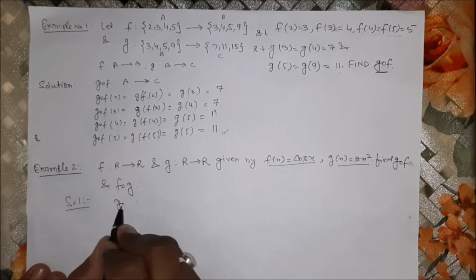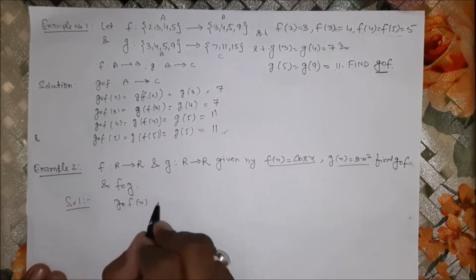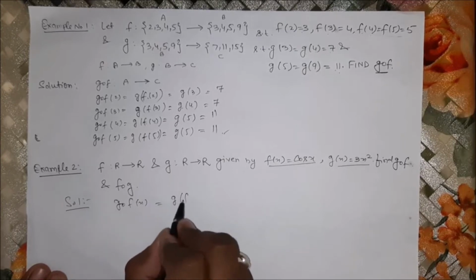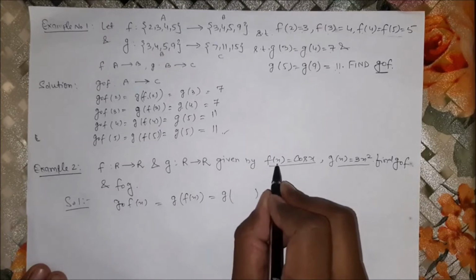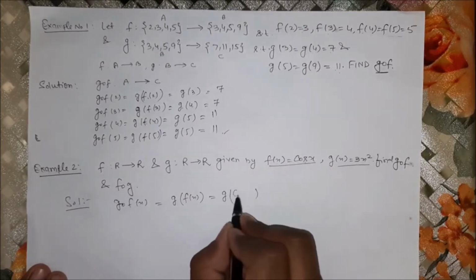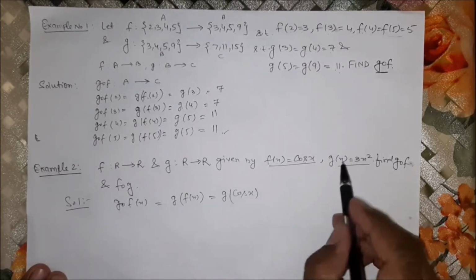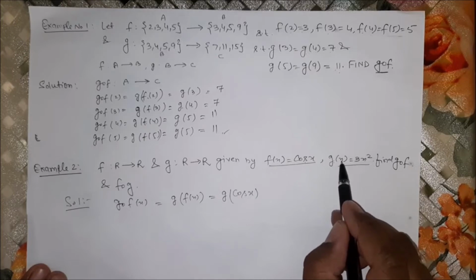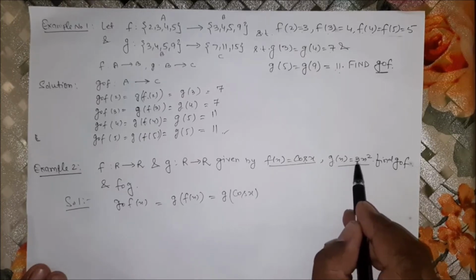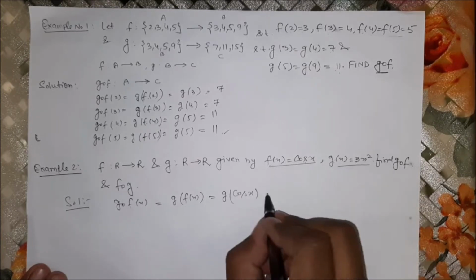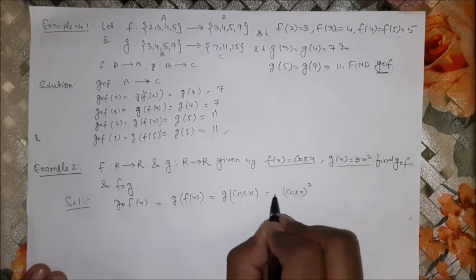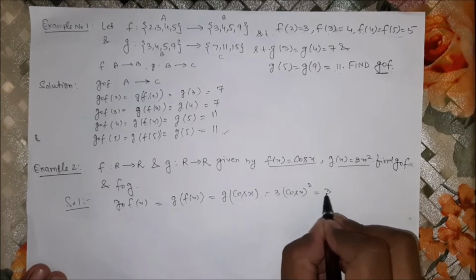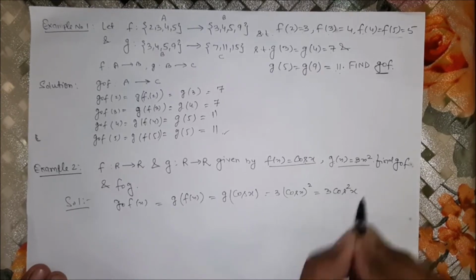First I will evaluate GOF of x, which is g of f(x). Now f(x) is cos x, and what g will do? g will square the number and multiply by 3, so we can say it is 3 cos squared x.